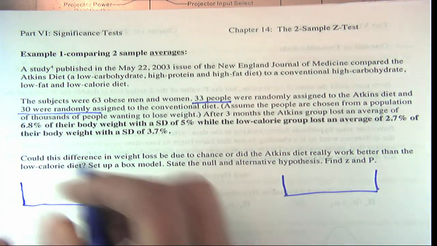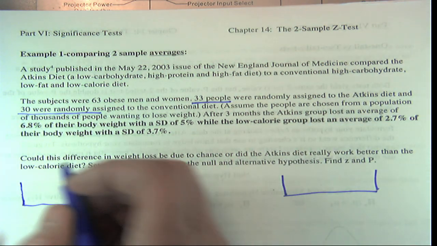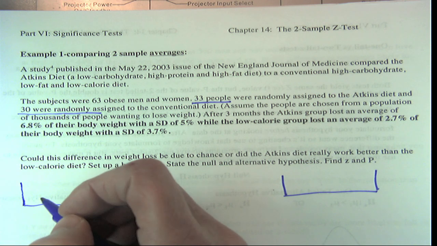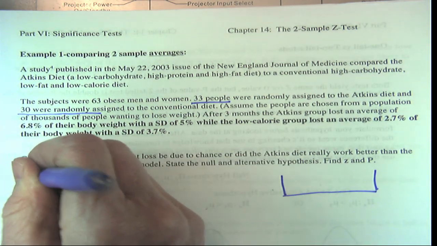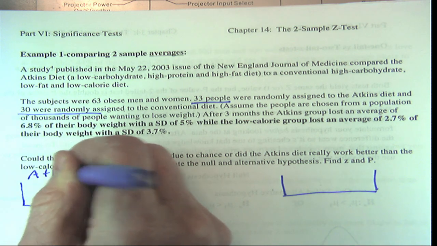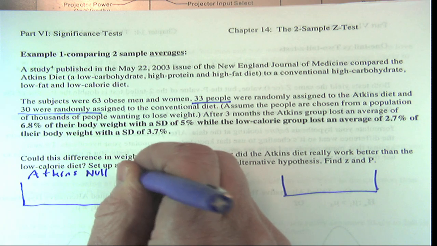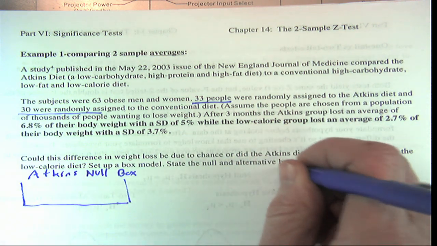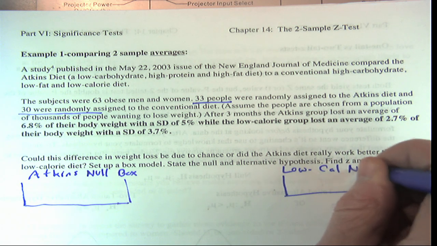And this isn't unrealistic. There are many, many people wanting to lose weight, and these people reflected a larger population. Okay, so this is the Atkins null box, and this is the low-cal null box.